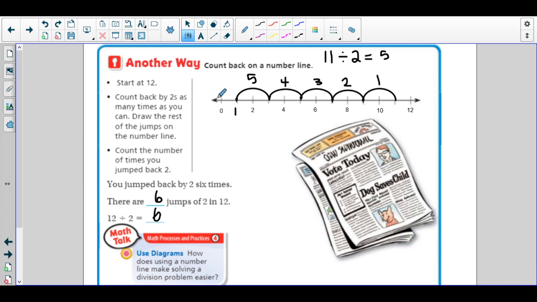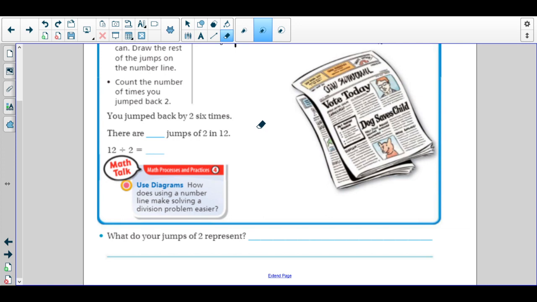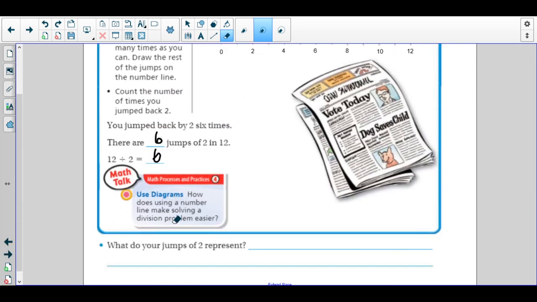Since I couldn't make a jump of 2 to get to the 0, then I would just have 5 remainder 1. So another way that you can do that. Again, if this is working with remainders, if you're still working on division, that's okay. So let's go back to answer this question down here.